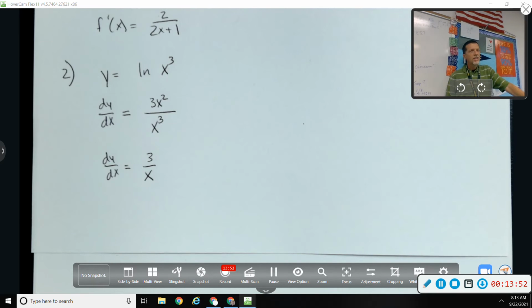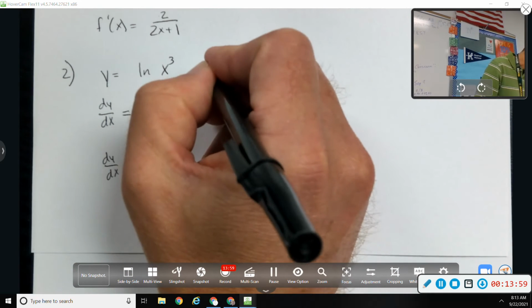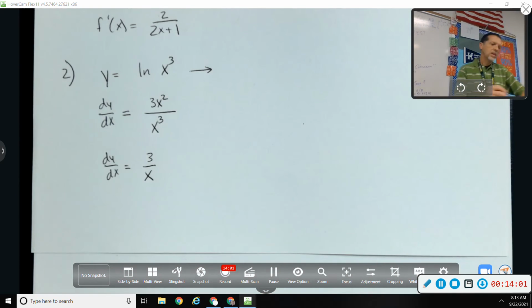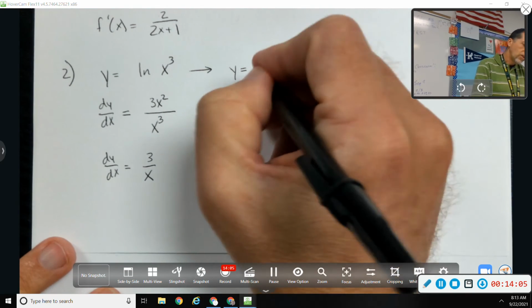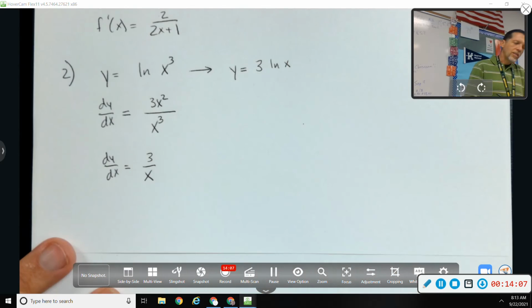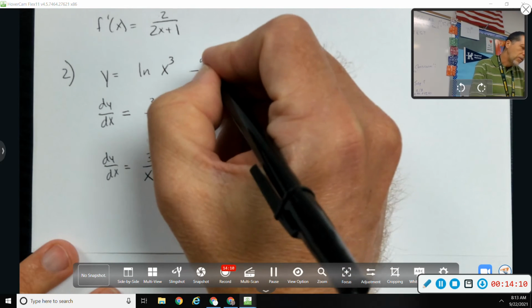Now that wasn't bad, but there is a different way. I don't even know if it's a better way. Because what did we say we could do with that exponent? Bring it to the front. So that's an algebra step. That's not a calculus step to just rewrite it.